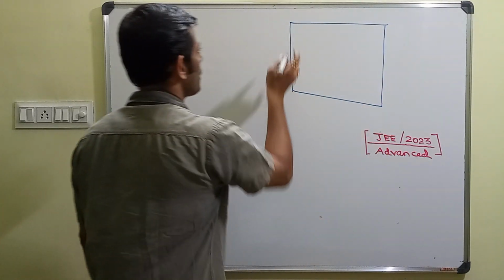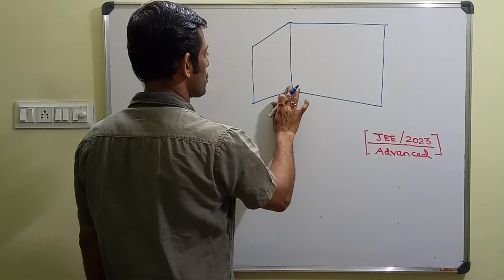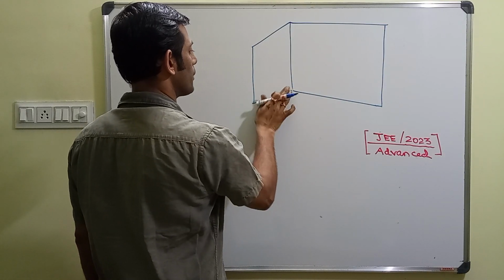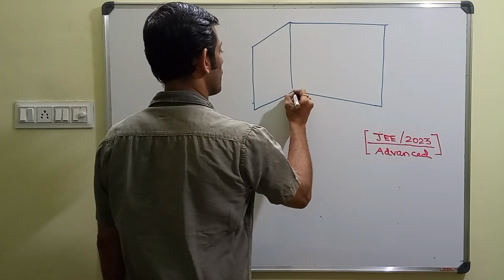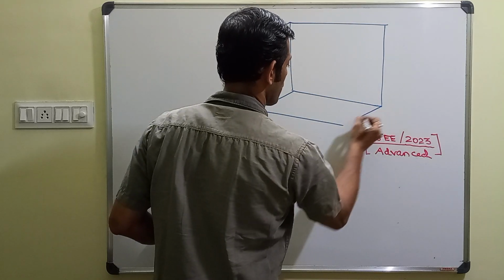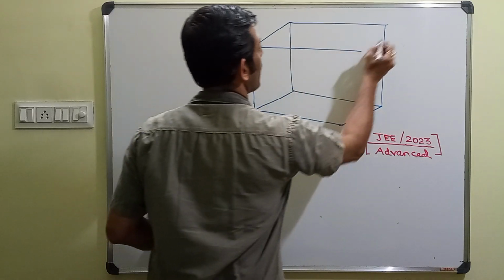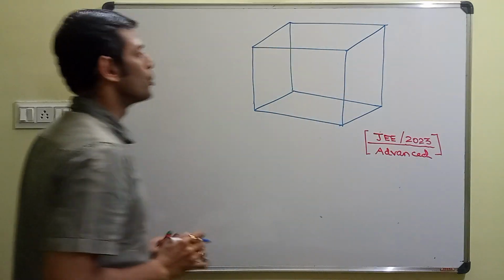This is one side of it, and let's say it goes below, and then you take a side like this and like this. That's all. And this is the cube.